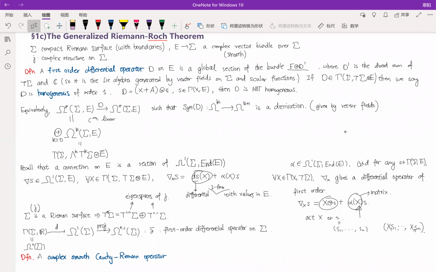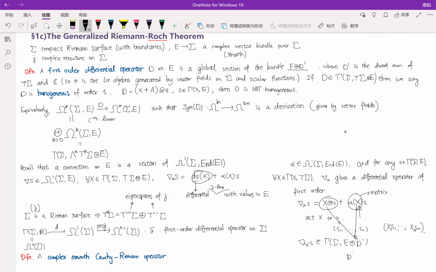So in order to formulate this, we can write nabla x s to be in the global section of E tensor D1, and x is in D1, and also alpha x is also in D1.